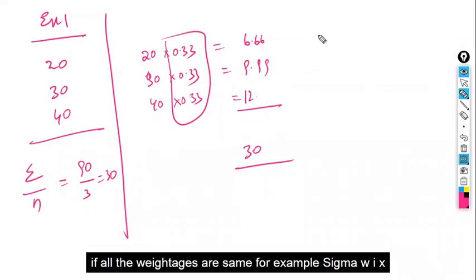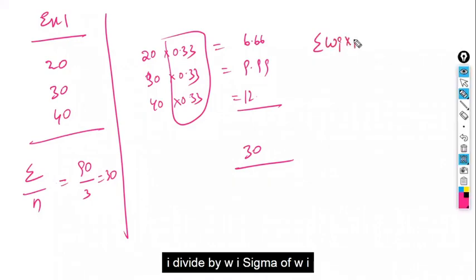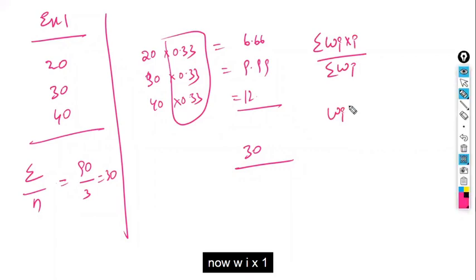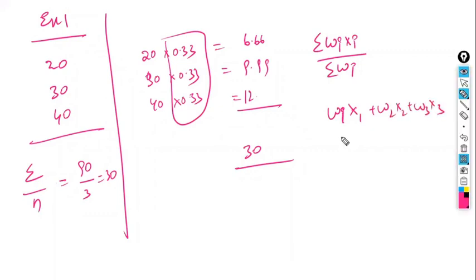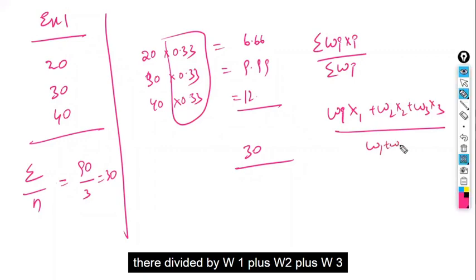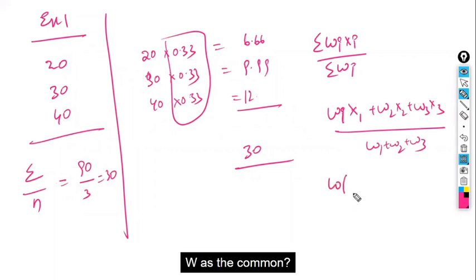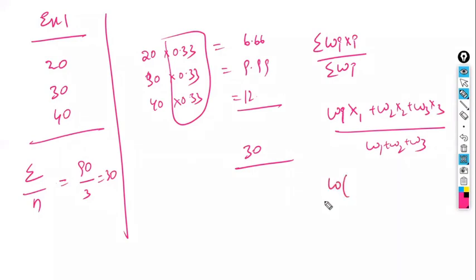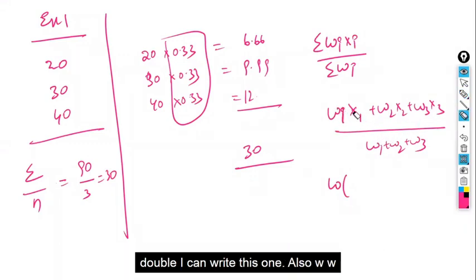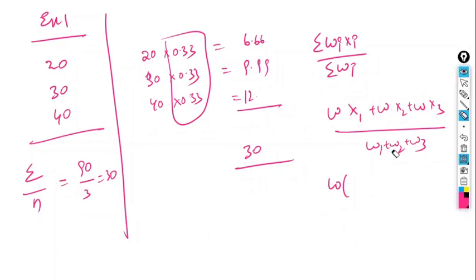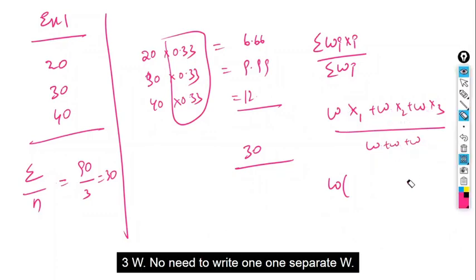If all the weightages are the same, for example, sigma WiXi divided by sigma of Wi. Now W1x1 plus W2x2 plus W3x3, assuming 3 values, divided by W1 plus W2 plus W3. Now if all the weights are the same, can I take W as common? All the weights are the same, so I can write W, W, W, 3 W's.